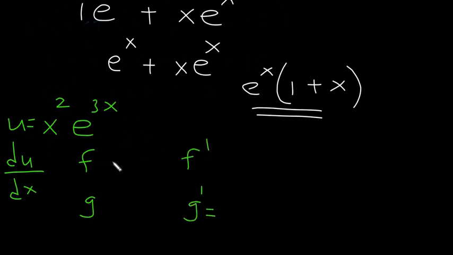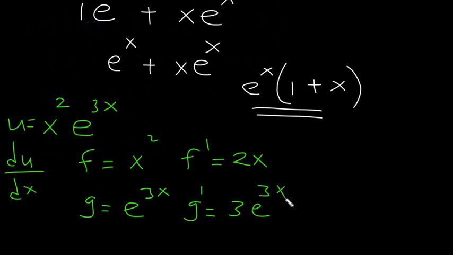So our f is going to be x squared, and then g is going to be exponential 3x. So f prime is going to be 2x, okay, and g prime is going to be 3e raised to 3x. So as we said, if we have e to the power u, the derivative is supposed to be e raised to u multiplied by u prime, or the derivative of u.